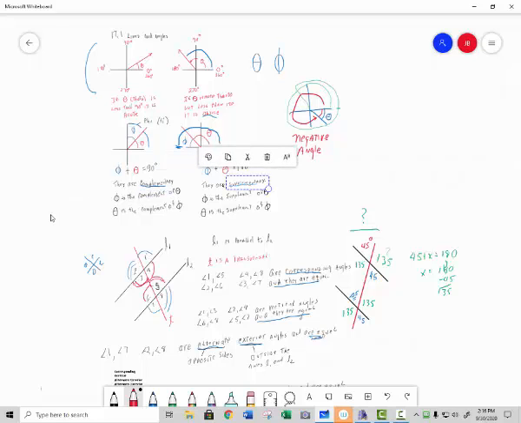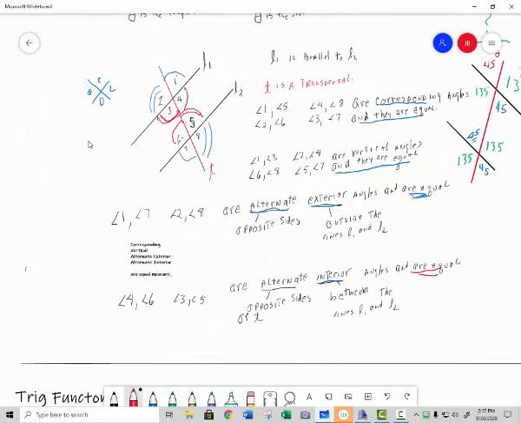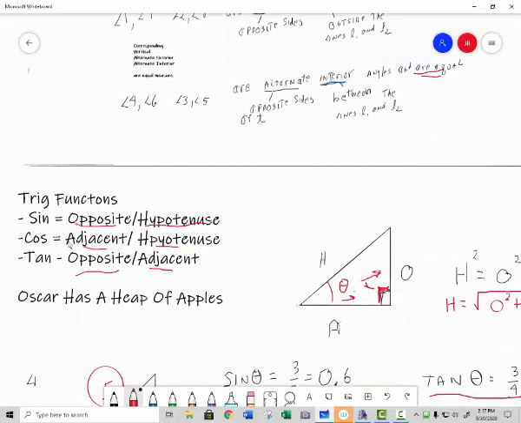Okay. Parallel lines cut by a transversal. You've got, looks like, 8 angles formed. If I give you one angle, you should be able to fill in the balance. You should know what alternate exterior and alternate interior angles are. And on the trig functions, you've got sine, which is the opposite over hypotenuse.